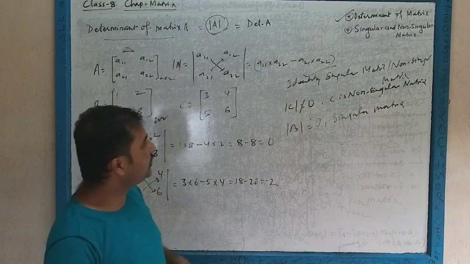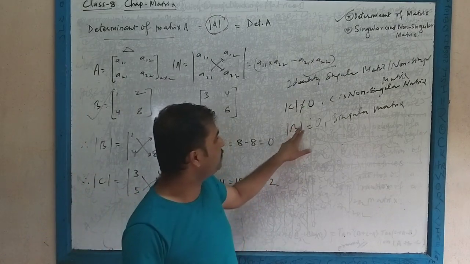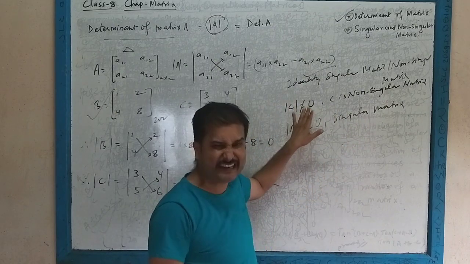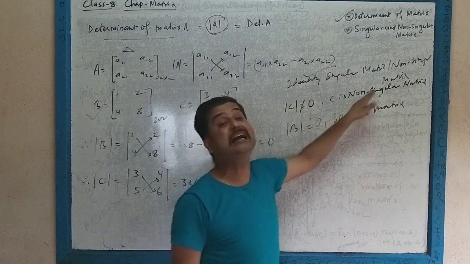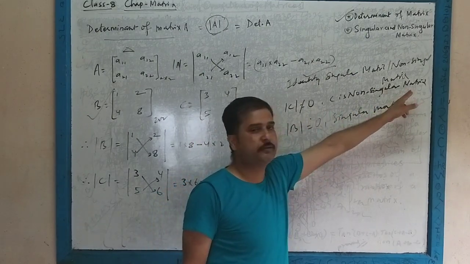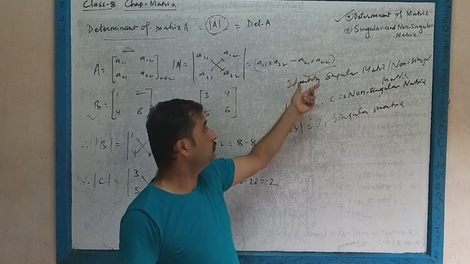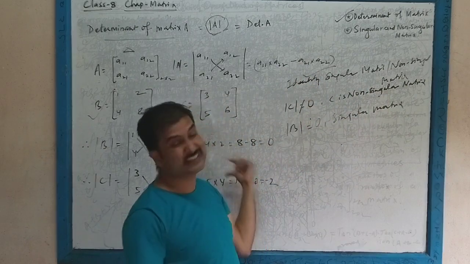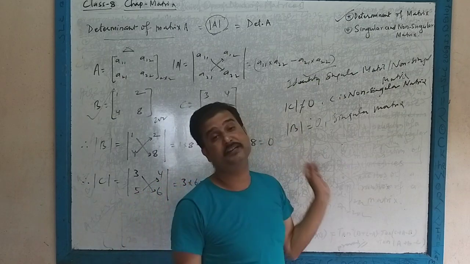So how do you identify whether a matrix is singular or non-singular? On the basis of its determinant, we can say whether the matrix is singular or non-singular.